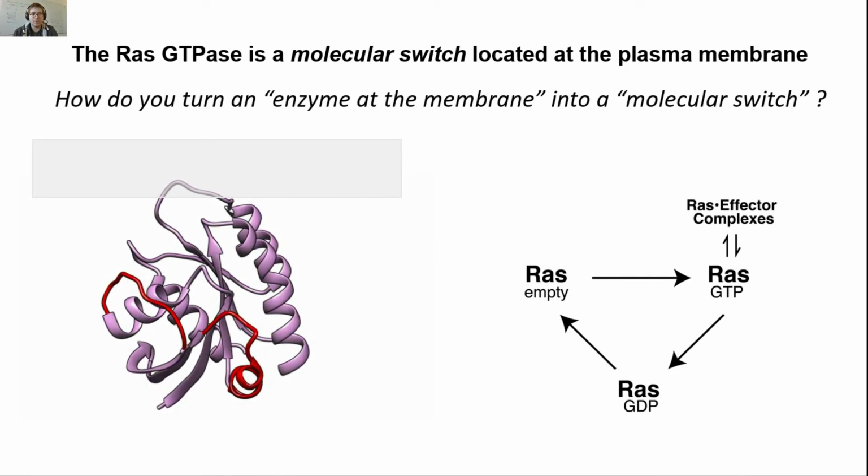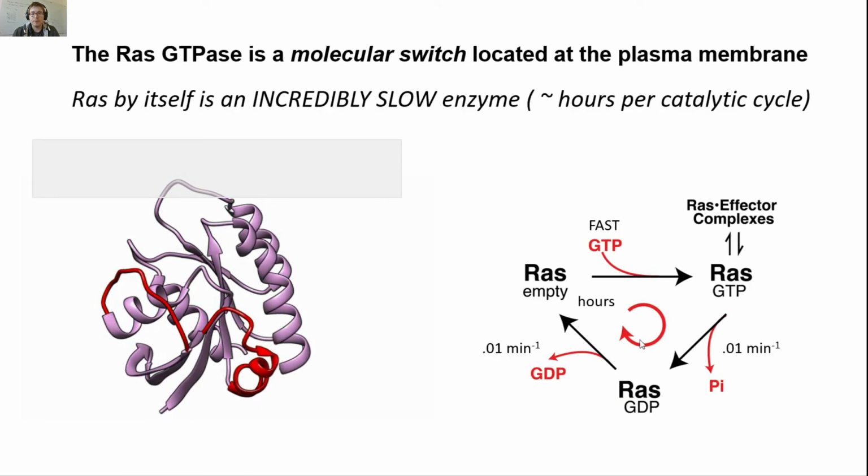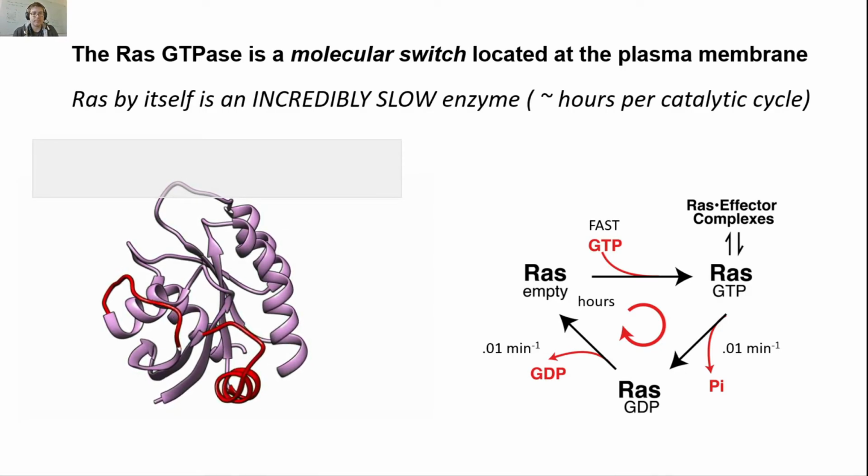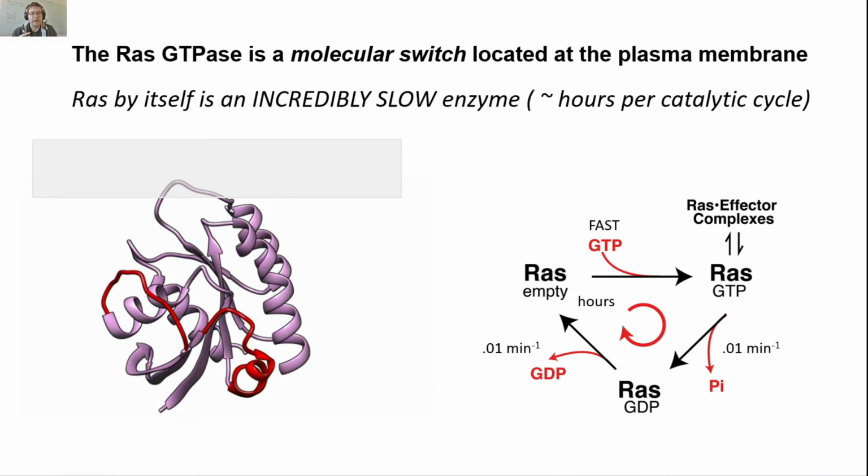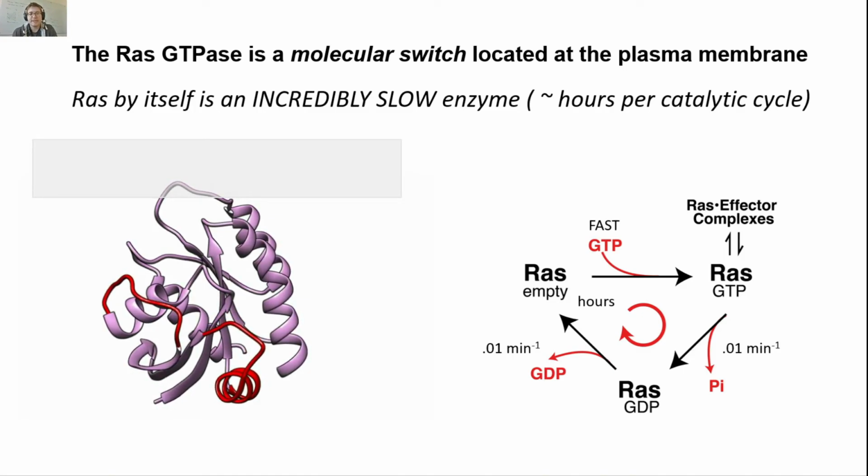Okay, so that's great. We've got a molecule that changes conformation as it moves through its catalytic cycle, and in this GTP-bound state, it can engage these Ras effector complexes. But how do you actually turn that into a regulatable system? One in which you can control when the molecule is in the GTP-bound or GDP-bound state. Well, the crux of how Ras is able to do this is that the enzyme itself is incredibly slow.